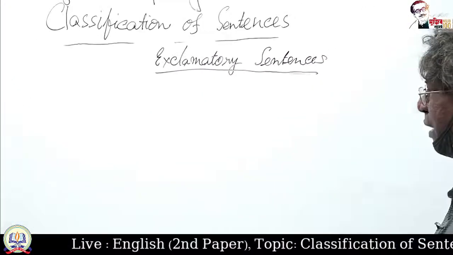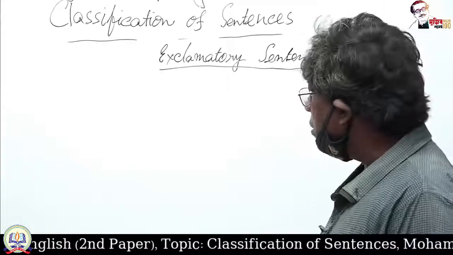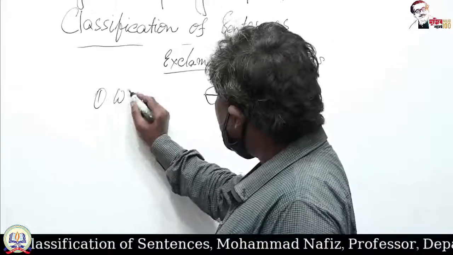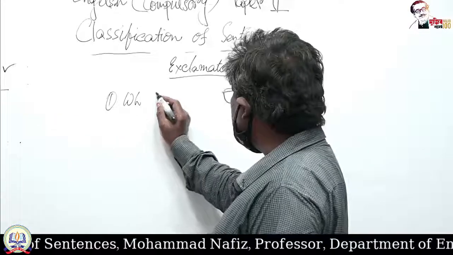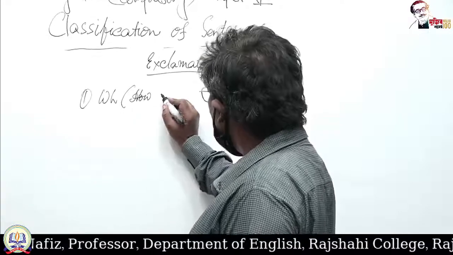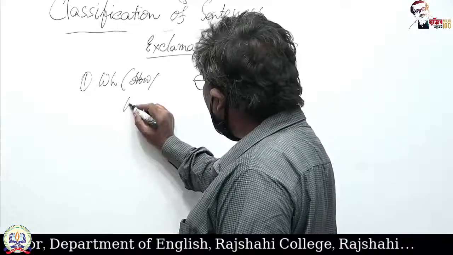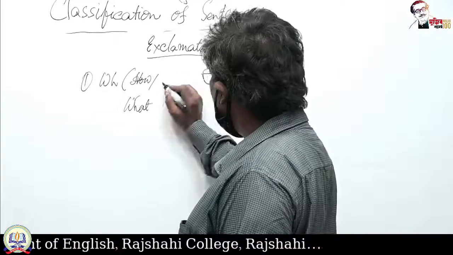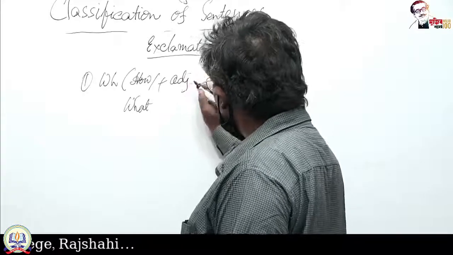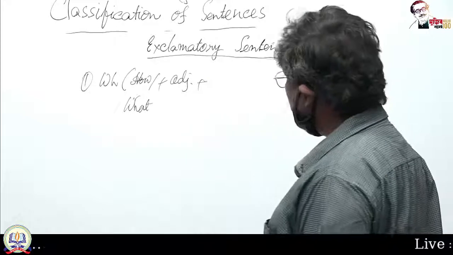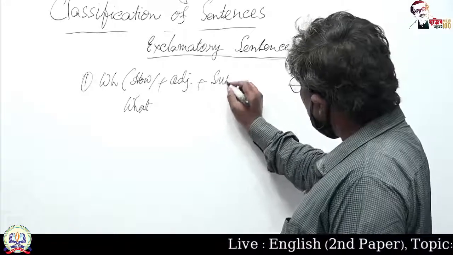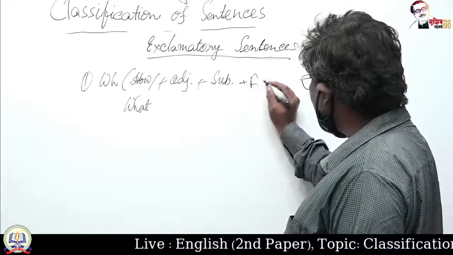Exclamatory sentences start, number one, with a WH word such as 'how' or 'what'. 'How' is followed by an adjective, and then comes the subject, and then comes the finite verb.